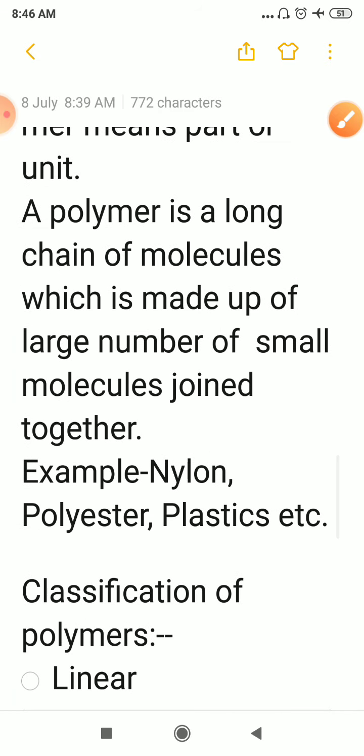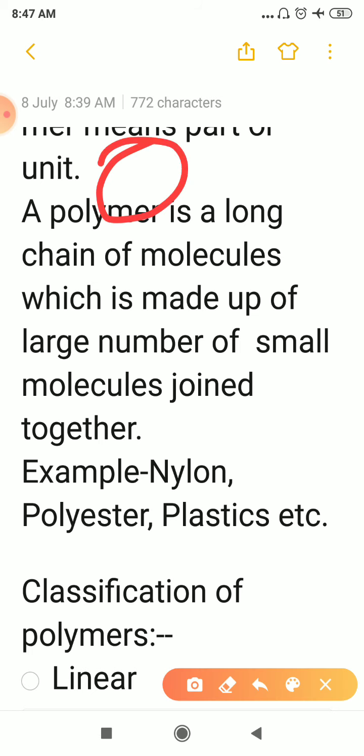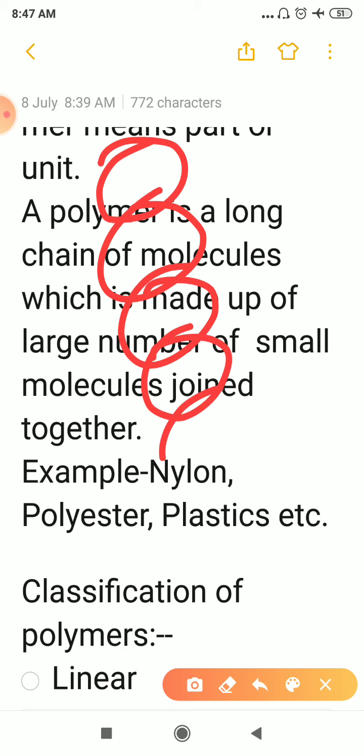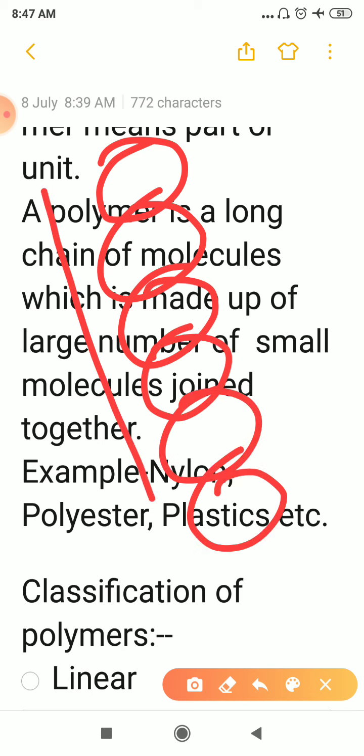From the definition, you can understand a polymer is a long chain of molecules which is made up of a large number of small molecules joined together. The small molecules are joined together to form a big chain of molecules, just like the chain we discussed earlier.